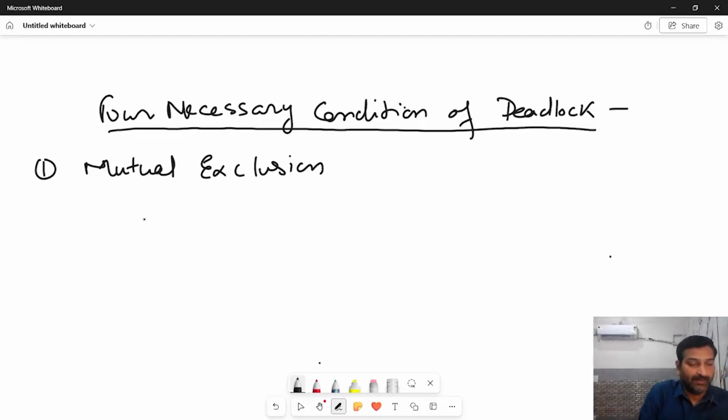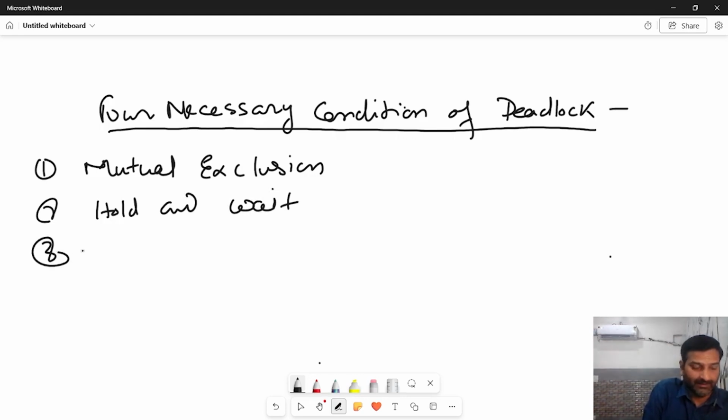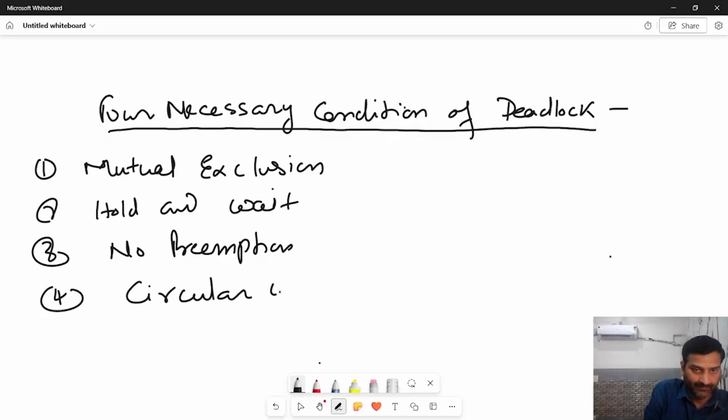The second condition is hold and wait. The third is no preemption. And the fourth one is circular wait.